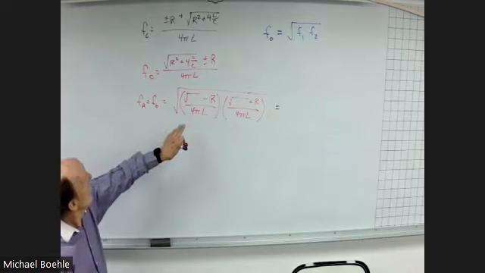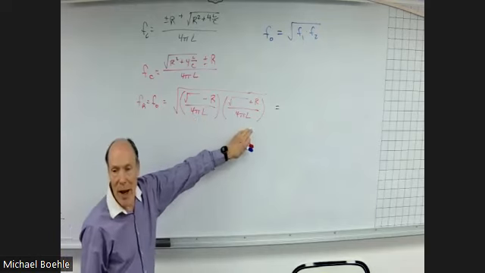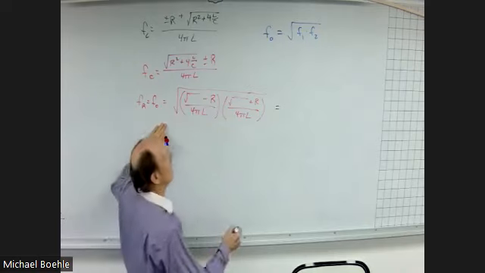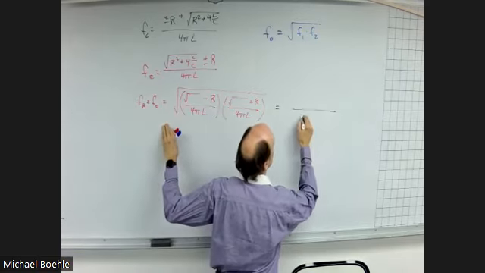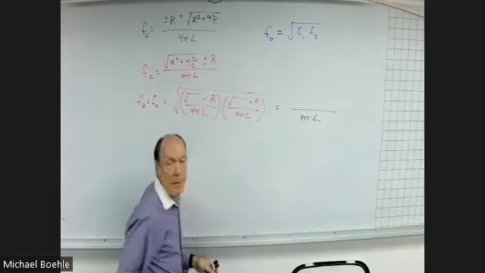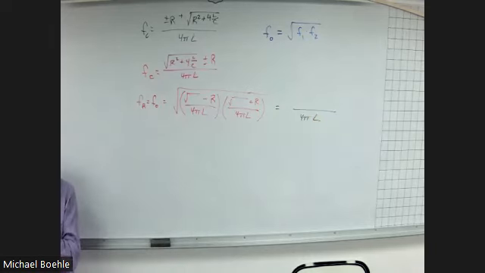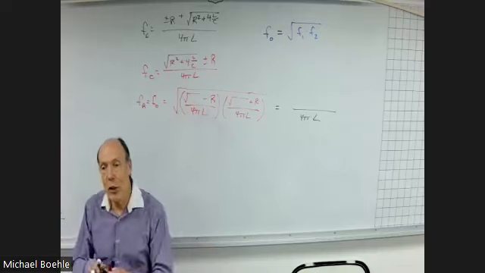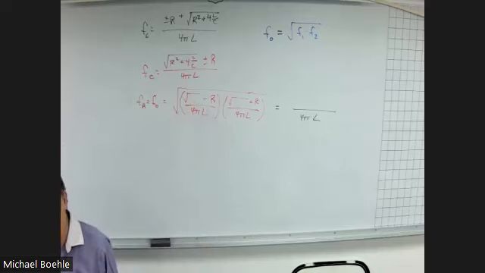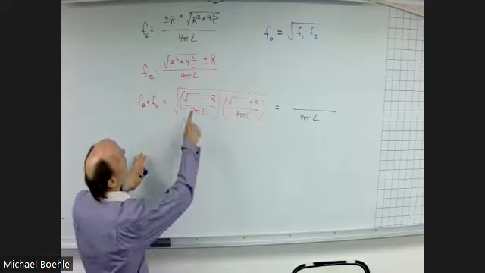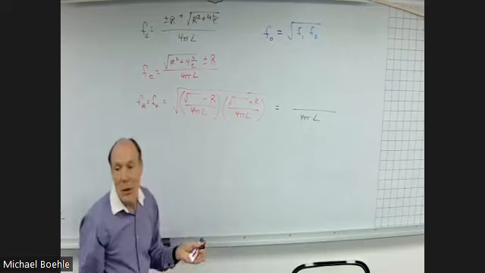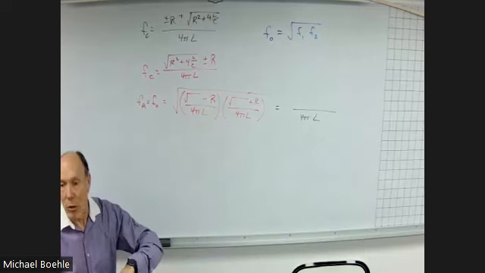First off, 4 pi L times 4 pi L, the square root of that is 4 pi L. Right? Now, what happens up top? Well, up top, we have to use FOIL. So we're going to take the first, which is the radical times the radical, which is what's inside the radical.